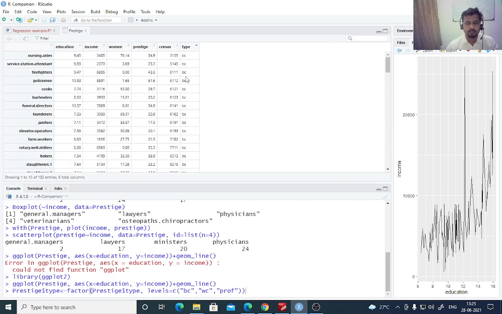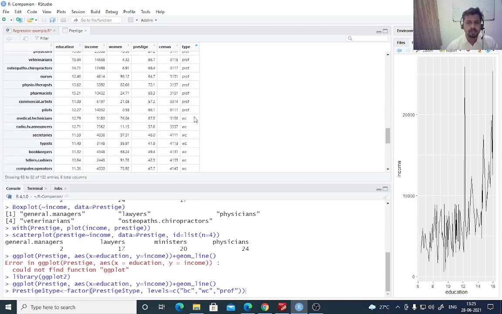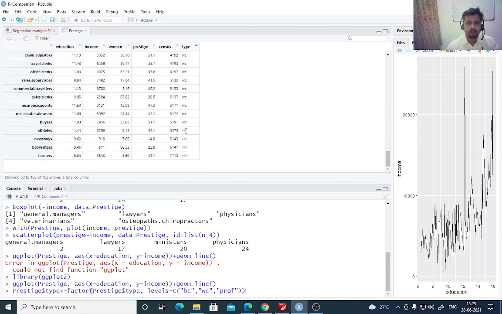One is BC, which stands for blue collar. Then you have prof, which stands for professional and managerial services, and you have WC, which stands for white collar. And there are four occupation types which are missing, which have been written as NA. This is how R handles missing values in the data frame.